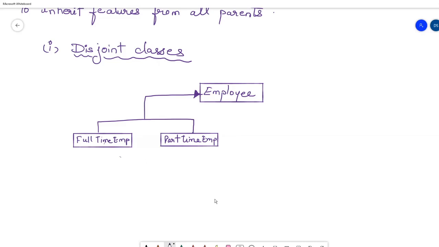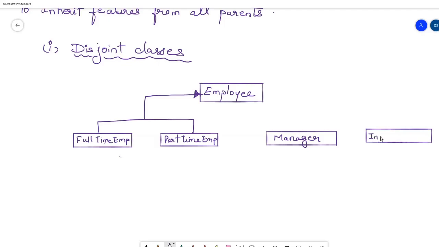At the same time I'll make one more class, for example manager. A manager can be an employee, and there is one more category, an individual who is not playing the role of manager but is helping in managing some other things like resources, the attendance and everything.